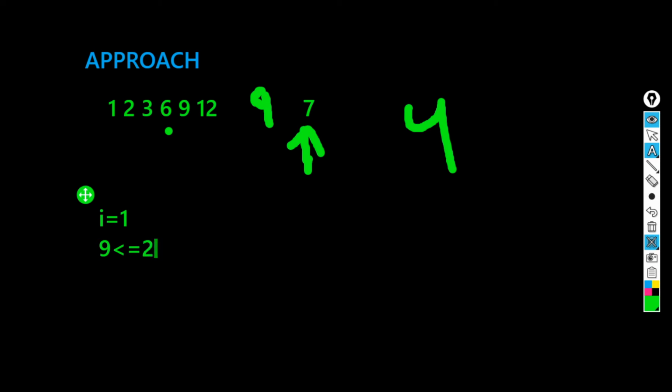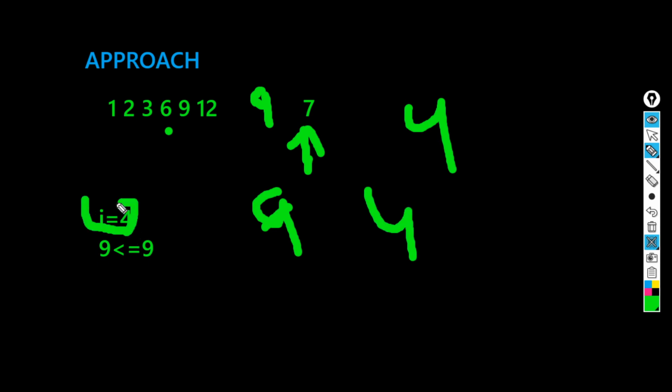Here it will be 2. Here again 3. Here it will be 6. Here at 4, it is 9. So here also the condition becomes true, 9 is equal to 9. So I will return 4, because 4 is the answer, which is the index. The i value will be returned.